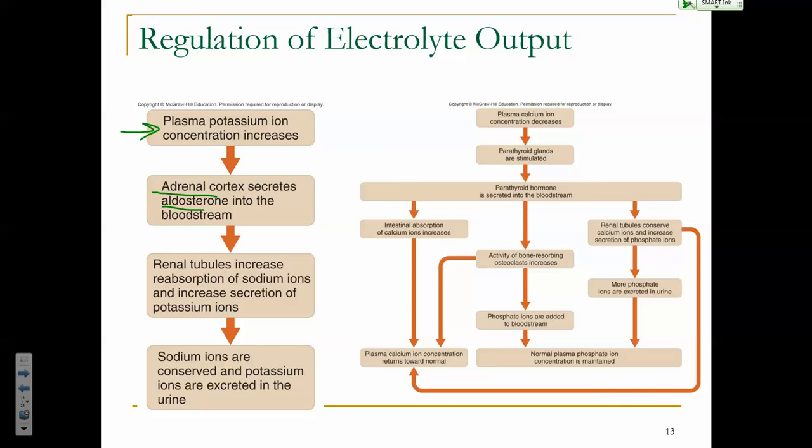And then on the right, it's showing you if your blood calcium ion levels decrease, that's going to signal the parathyroid glands to produce parathyroid hormone, which has a lot of target cells, but all of that helps to raise your blood calcium. Okay.